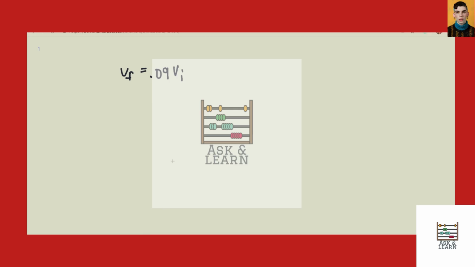We know that gamma is 1.4, T initial is 20 degrees C, and P initial is 1 ATM, and our goal is to get P and V.